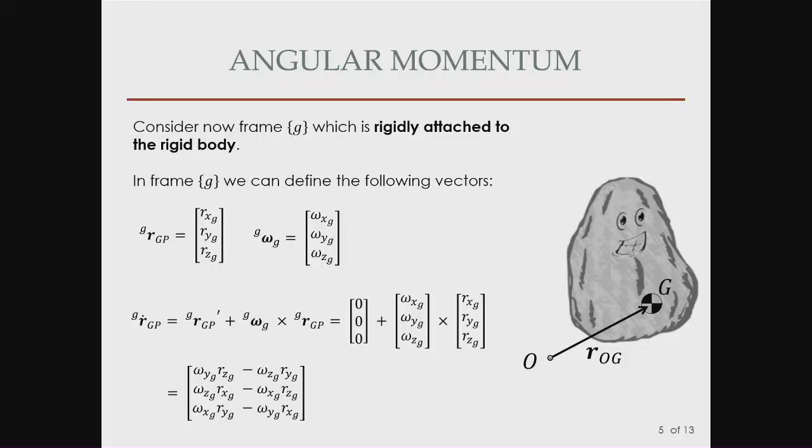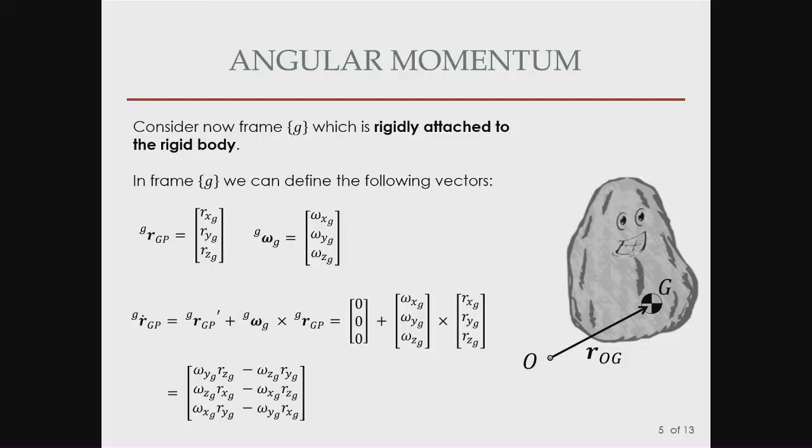Maybe just to give you an example, if this is point G and this is point P, and I attach a coordinate system like this, xg, yg, and zg coming out, this vector rgp would have its components rxg, ryg, and let's say in 2D nothing in the z.